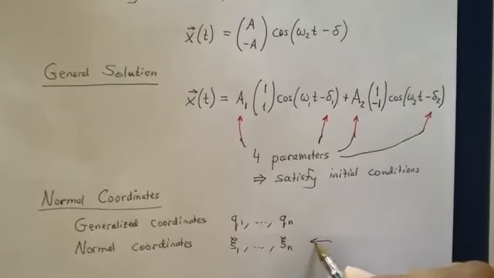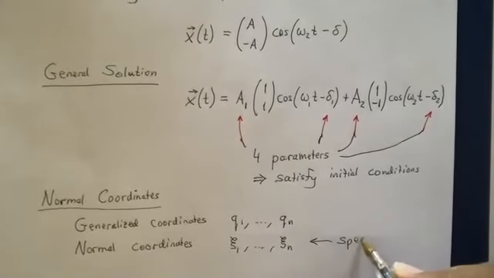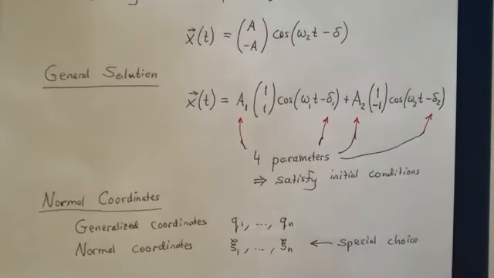So this is a special choice. What we do want to emphasize here is you have the ability in classical mechanics to choose generalized coordinates, right? You have great freedom to choose generalized coordinates, and often it can be very profitable. So these normal coordinates are a special choice of generalized coordinates.